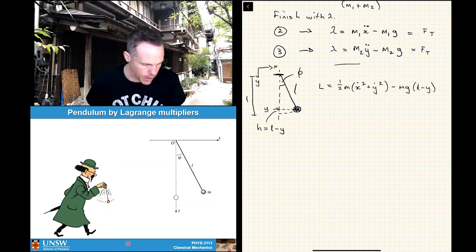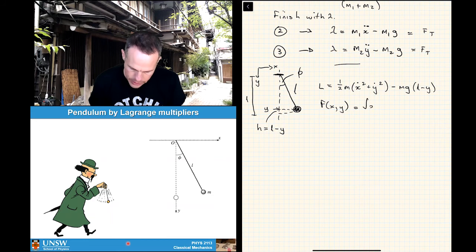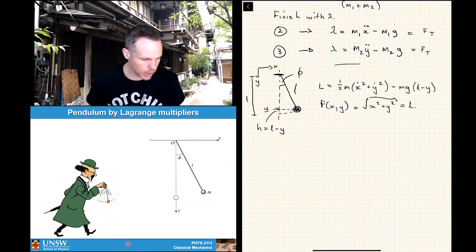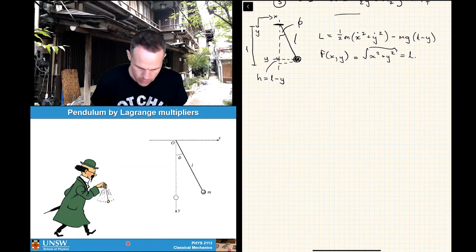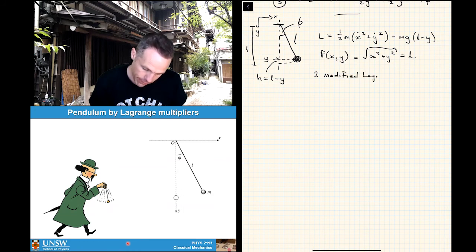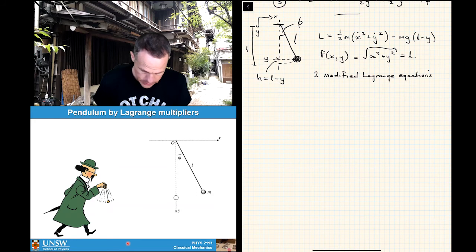And then we've got our constraint equation, f of x and y is the square root of x squared plus y squared, equal to L. The approach is kind of simple in here. We've got our two modified Lagrange equations, and let's deal with them one by one.